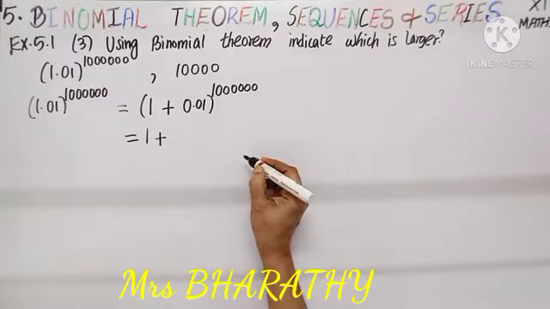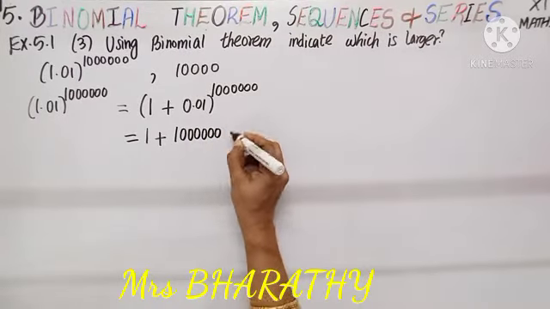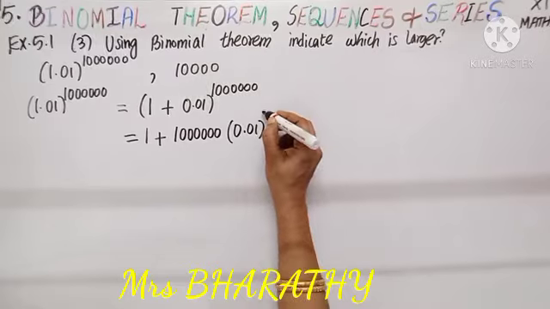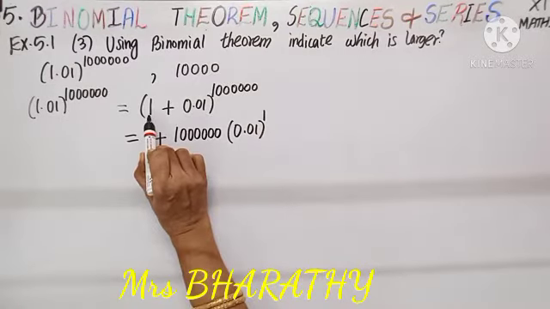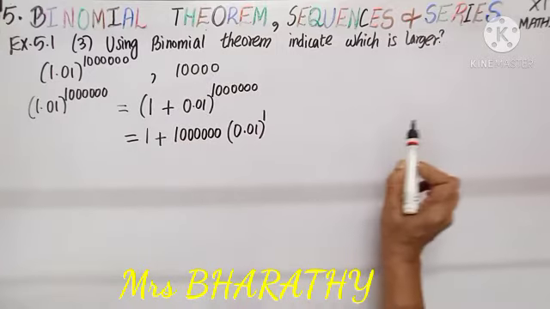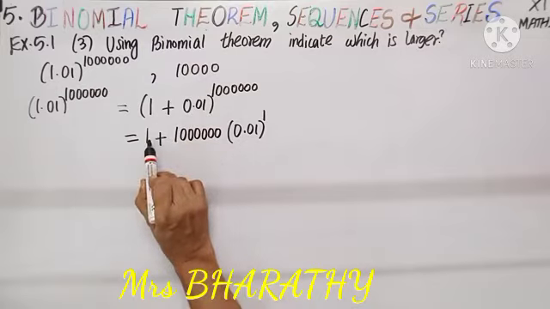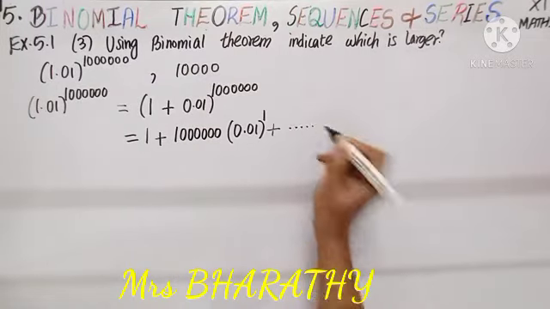Second term NC1, that is 10 lakhs C1, so that is 10 lakhs into 0.01 power 1 will come, because first term is 1. 1 power anything when I write it is 1 only. Second term, first term power 0, second term power 1 and so on.